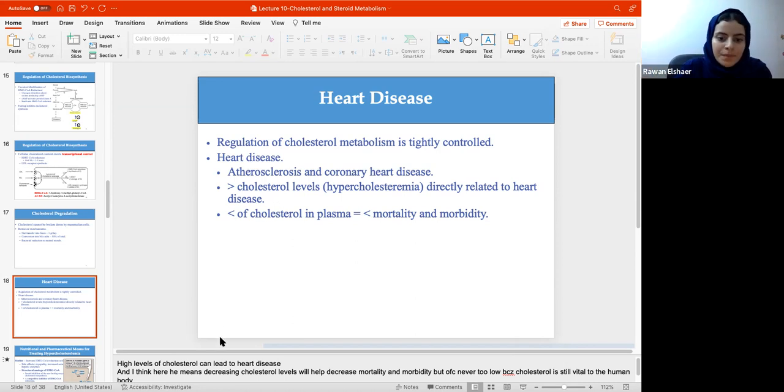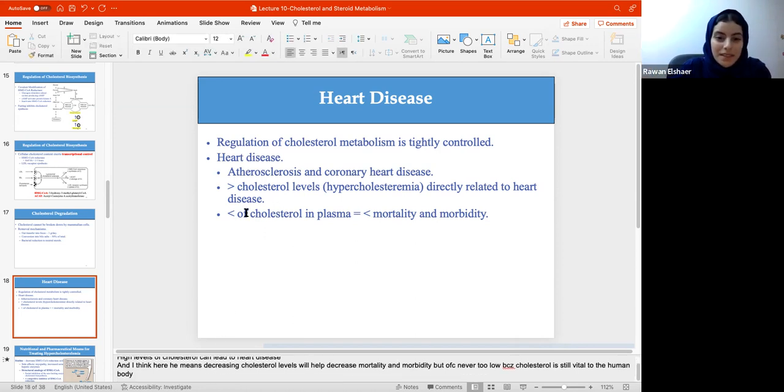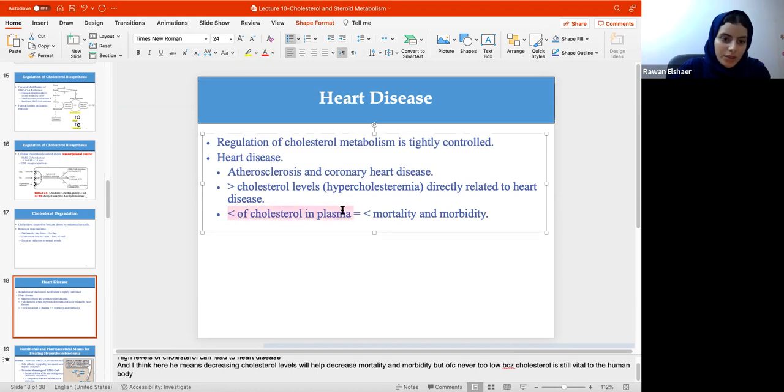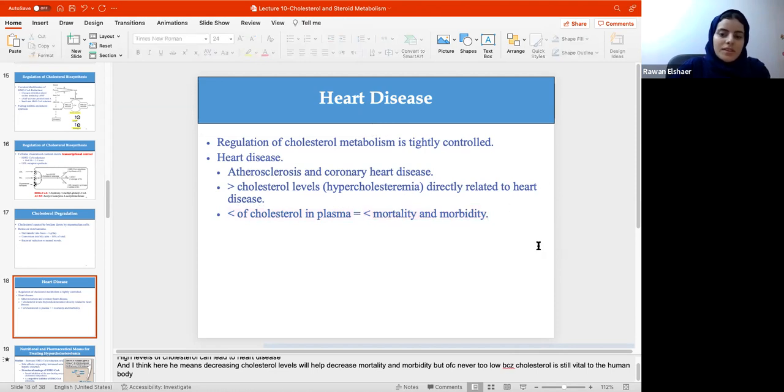What I'm guessing he means is that as you decrease the level of cholesterol in your blood, there's less risk of morbidity and mortality. He's just showing that cholesterol is good, but at very high levels it's obviously not good. And I'm sure you guys know that.